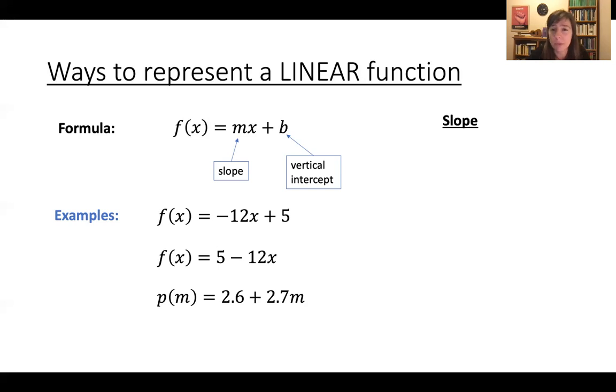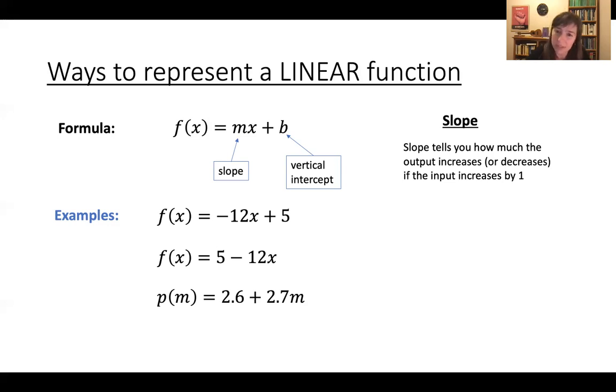So let's talk about the slope. The slope tells you how much the output increases, or decreases if the slope is negative, if you increase the input by 1. Say in this first example, if x is 1, you get -12 times 1 plus 5, which is -7.